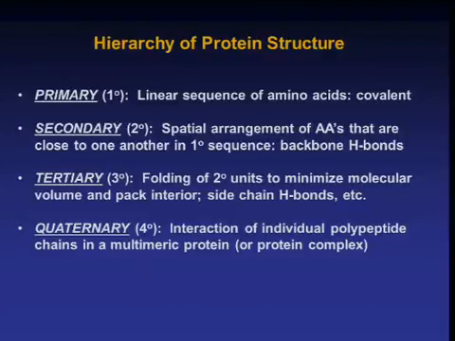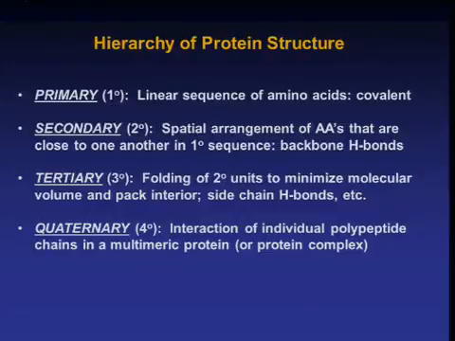Quaternary structure. A single polypeptide chain does not have quaternary structure. If you have a single polypeptide chain and it folds into a three-dimensional structure, that is at the tertiary level. Quaternary is where you get multiple polypeptides coming together.